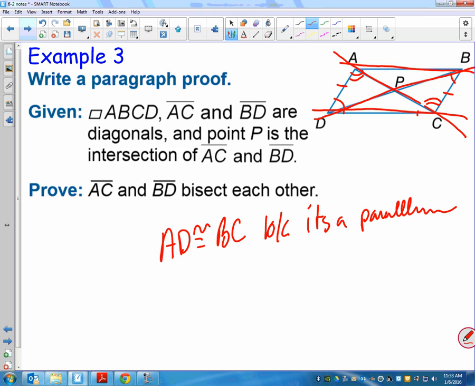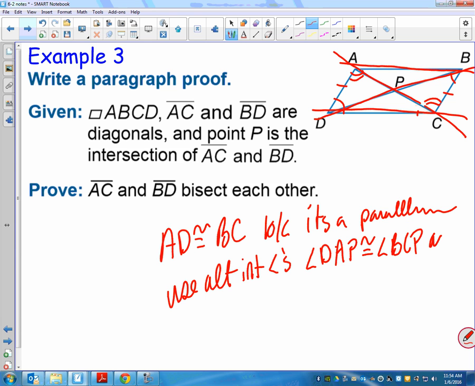So I could use alternate interior angles to prove that those two angles are congruent? I really don't want to write alternate. The angles DAP is congruent to angle BCP, and that angle ABP is congruent to angle PCB.